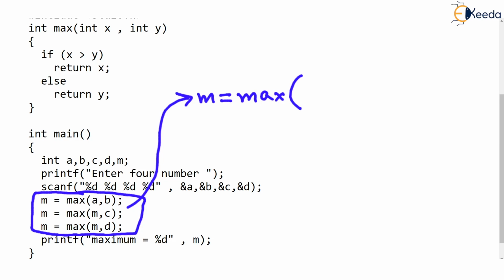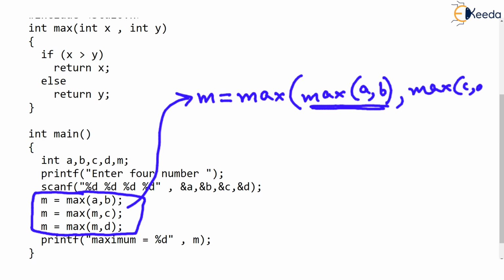But then inside this, we will again call max a comma b. Check that this is a legal call. Max a comma b, we are passing only two values. Then comma max c comma d. This is also a legal call. And now there is an outer bracket pending over here, which I will close. Semicolon. Even this is going to do the same work.